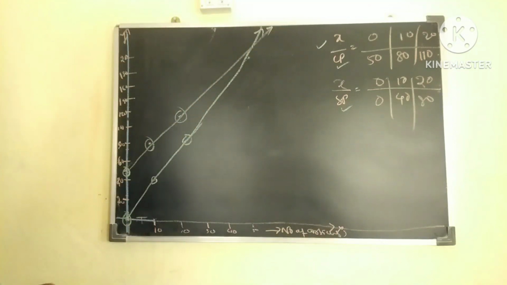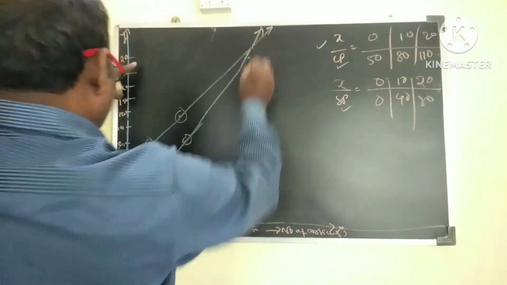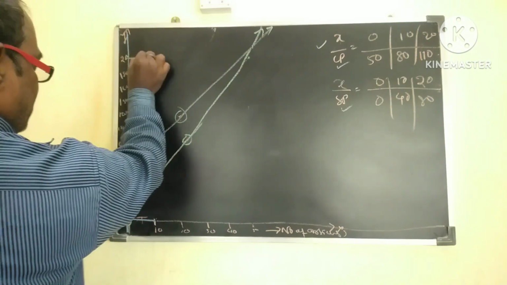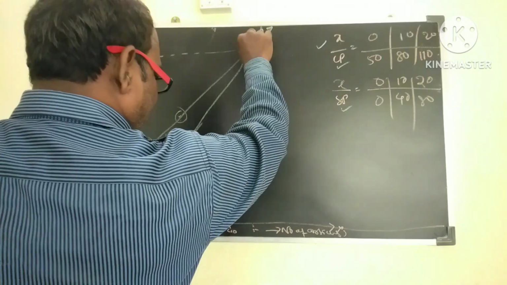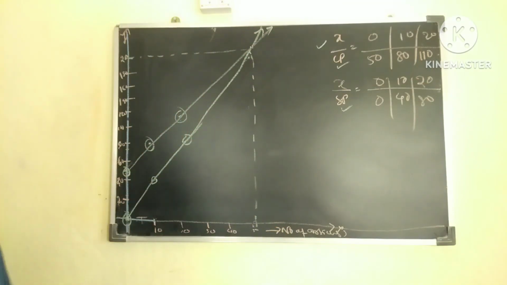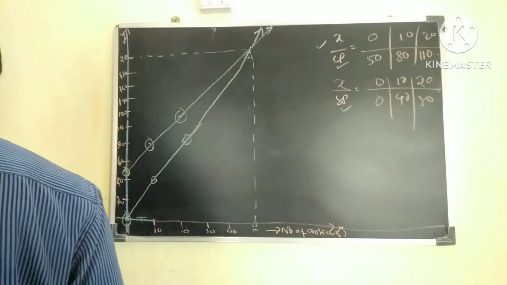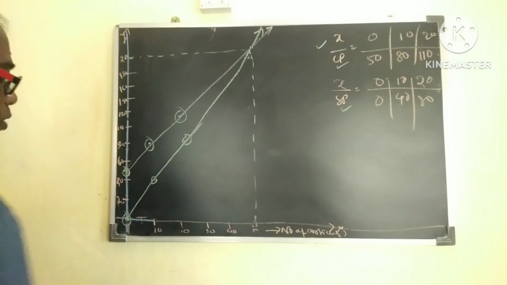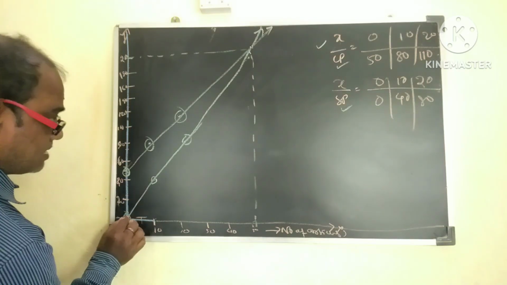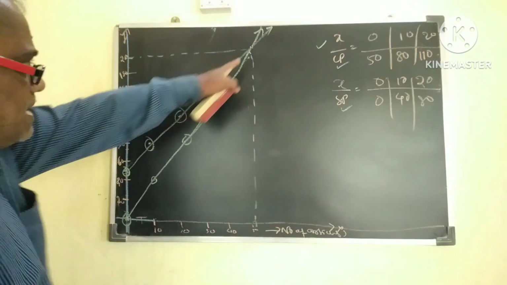In the graph, if you draw a straight line through these points, they meet at this point. Now the very first question they have asked is the number of articles to be manufactured and sold to break even, no profit, no loss. Since this is the selling price graph and this is the cost price graph, they meet here.